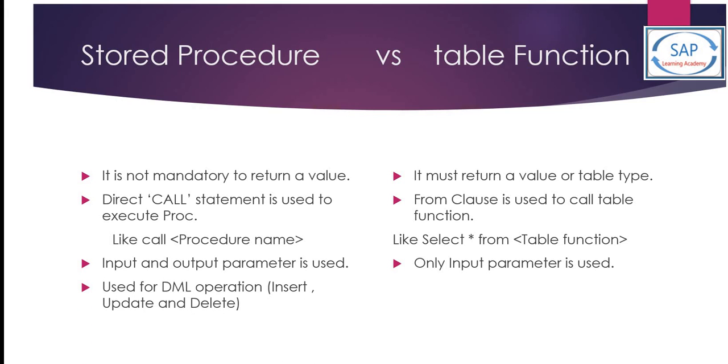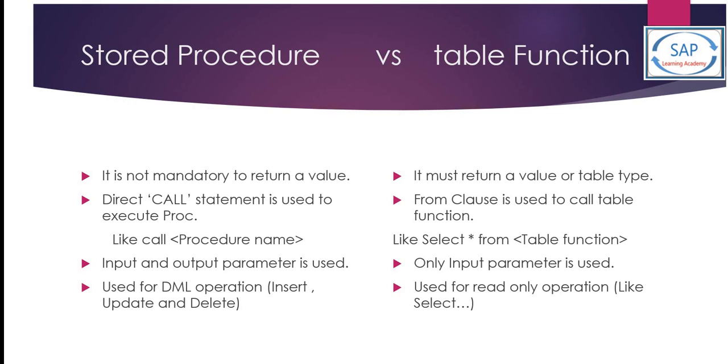Now going with the next one, which is very important: the stored procedure is used for DML operations. Like we have insert, update, delete, and it also includes the select operation as well. So it includes both DDL and DML. But in the case of a table function, it is only used for read-only operations like select.